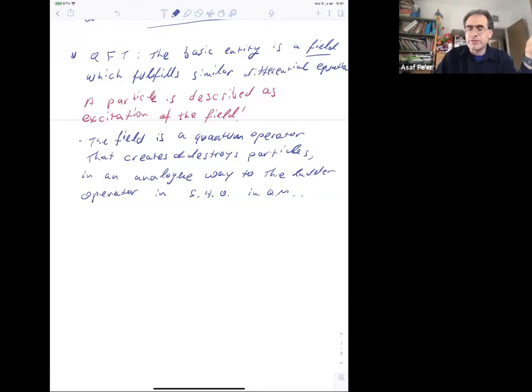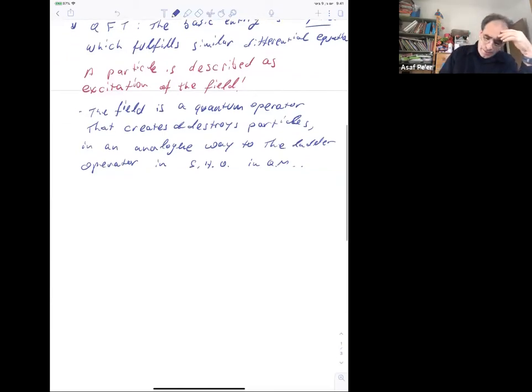The visualization is of course a Feynman diagram. The vertex in the Feynman diagram is exactly the location where you have one field which is going down and one which is excited. So one particle is created, one is destroyed.